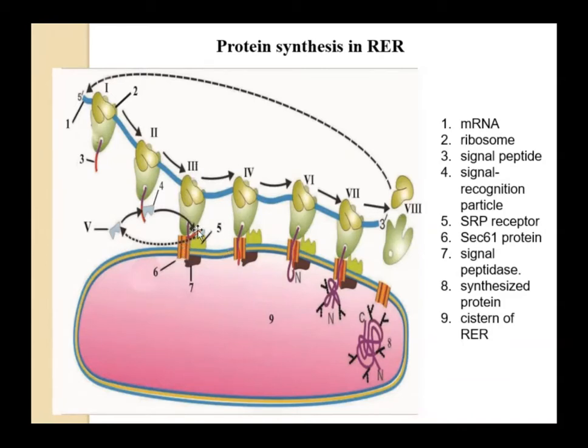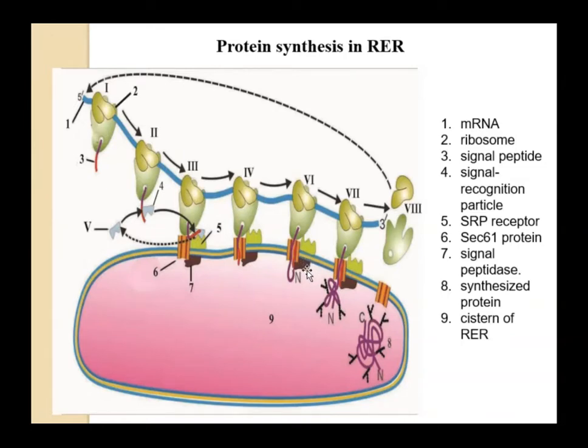And when all of this complex binds to the surface of the RER, this signal sequence will be translocated and will enter the cistern of the RER. Then the signal peptide will be cleaved off by the enzyme signal peptidase, that is the black point here.